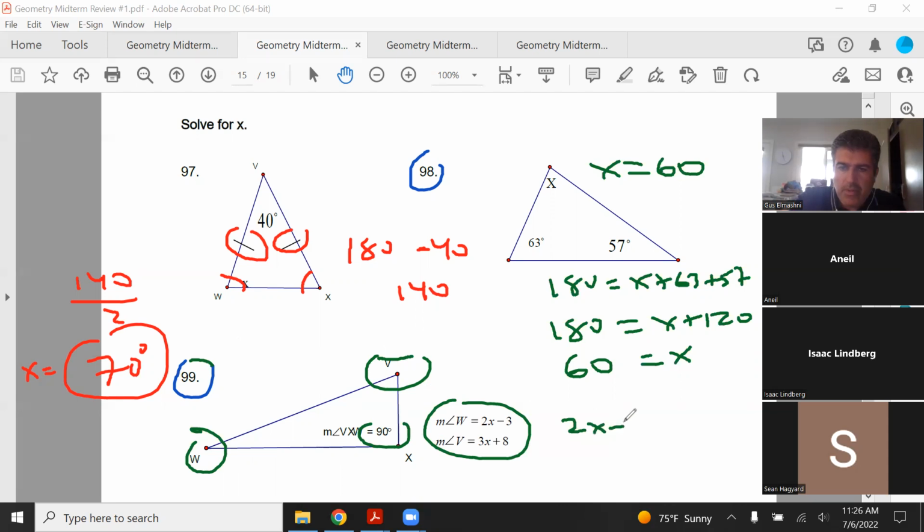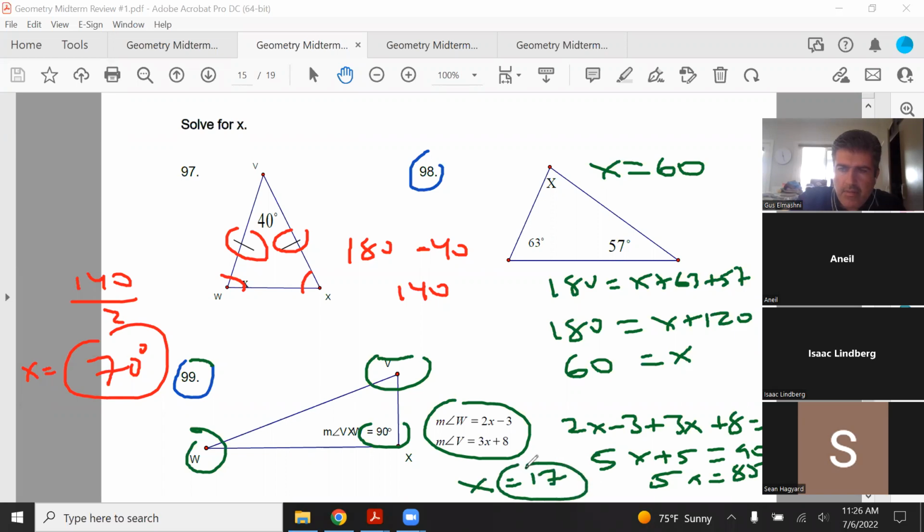So 2x minus 3 plus 3x plus 8 let's add to 90. So 5x plus 5 equals 90. 5x equals 85. X is 17. So for those two, make sense?